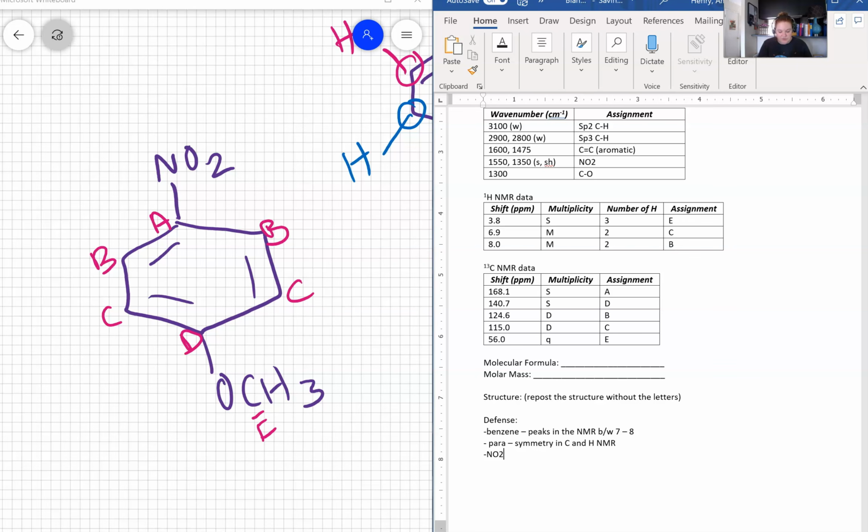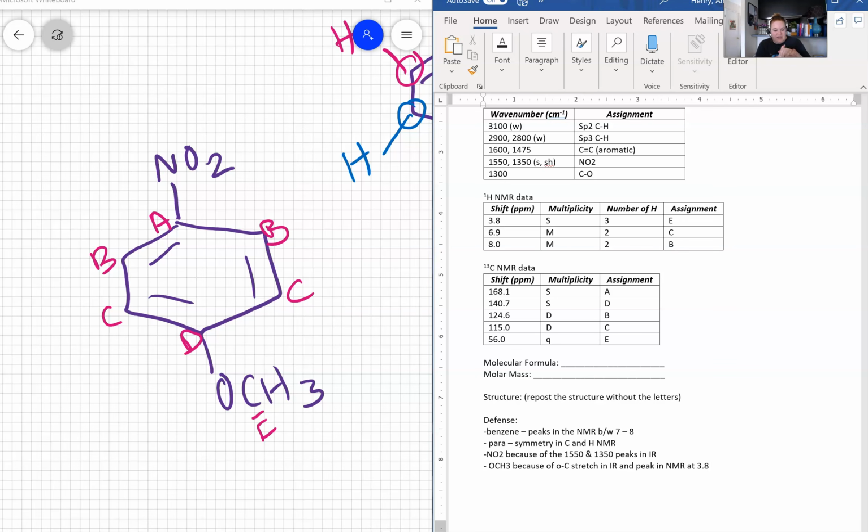We knew that it was an NO2 group because of the 1550 and 1350 peaks in the IR, and it's a methoxy because of the oxygen carbon stretch in IR and the peak in the NMR at 3.8.